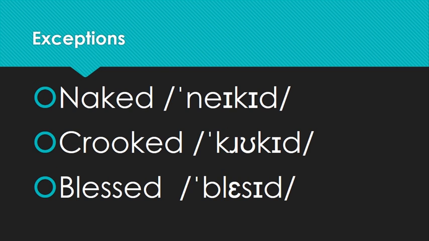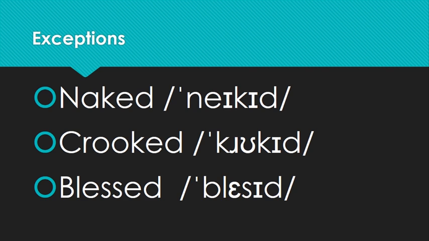Now there are of course exceptions, like every rule, and English is no exception. These are some common words that actually, as adjectives, do not behave by the rule. So naked is not pronounced "nakt," but "naked," which means not having clothes.